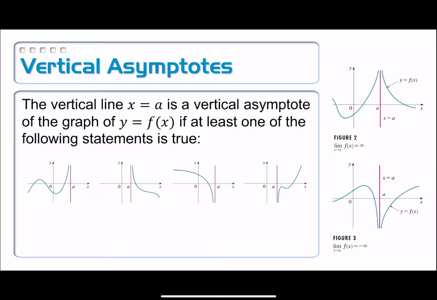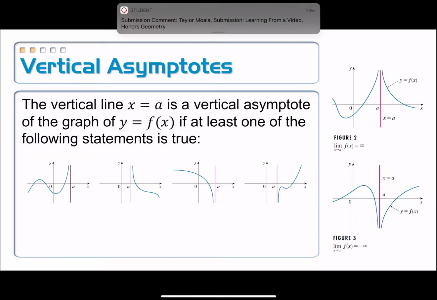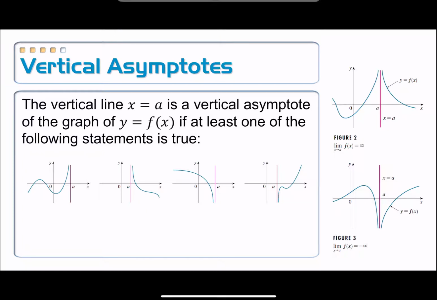But here, the vertical line x equals a is a vertical asymptote of the graph of y equals f of x if at least one of these statements is true. So we've got 4 different things that could possibly happen, either on the left side or the right side, either increasing or decreasing without bound. You can see these written as one-sided limits.